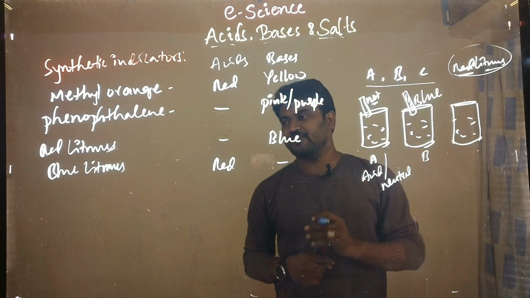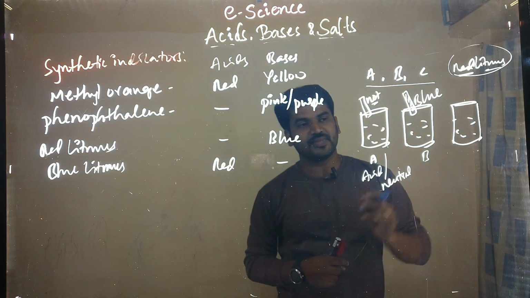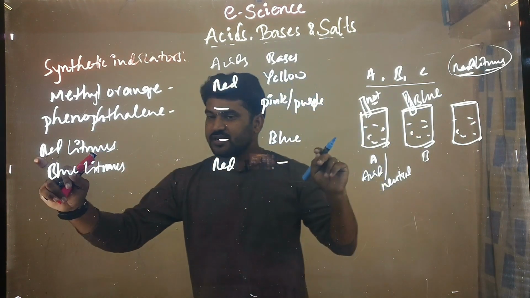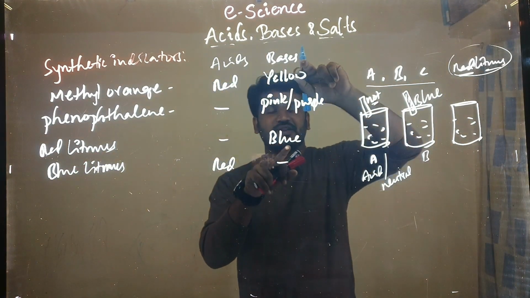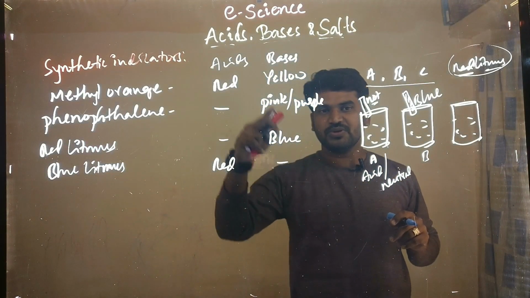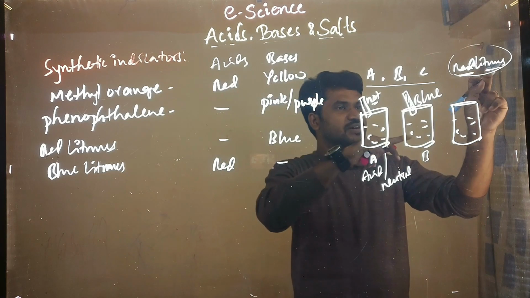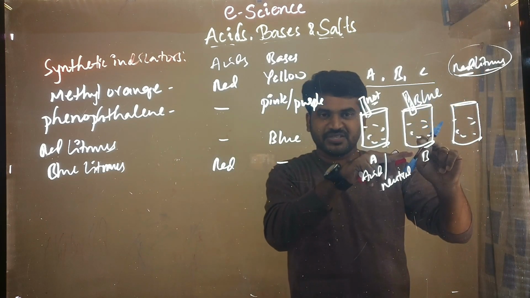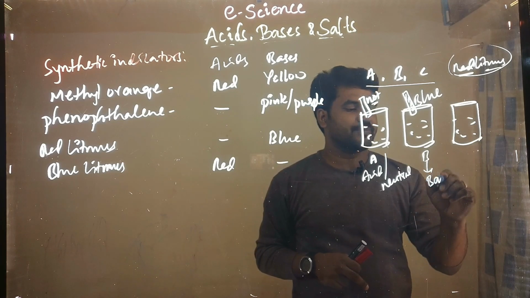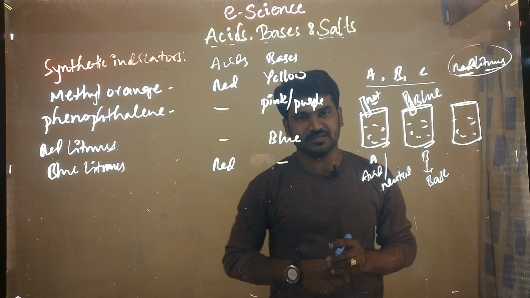Now what happens here? Red litmus changes to blue in the presence of bases. Just now we discussed, right? That means this B must be a base.